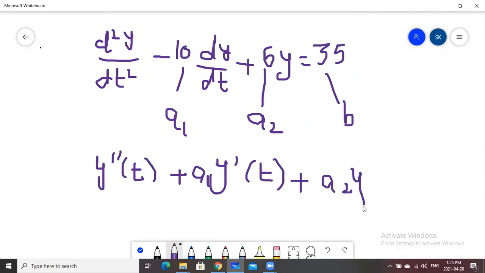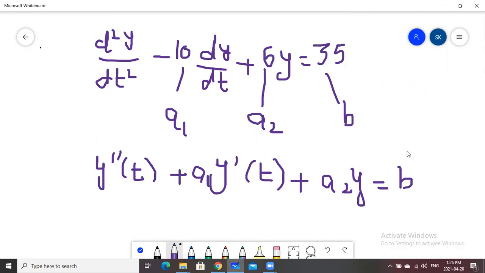Now we do not associate any t over here with a2y because we have not taken any derivative. So this 10 is a1, this 6 is a2, and this 35 is b. If we want to interpret them, a1 and a2 are coefficients, and b is simply a term.